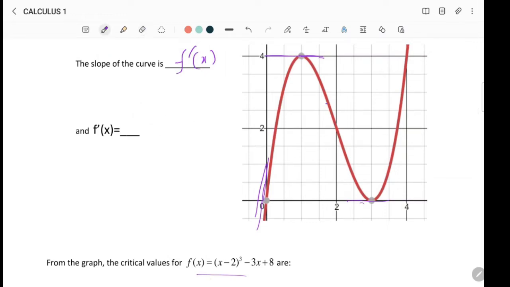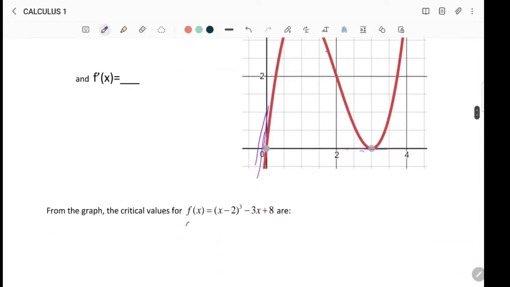It should have been written earlier. Okay, so let's find f dash x. f dash x equals 3 times (x minus 2) whole square minus 3 times 1, right? So f dash x, now open it.